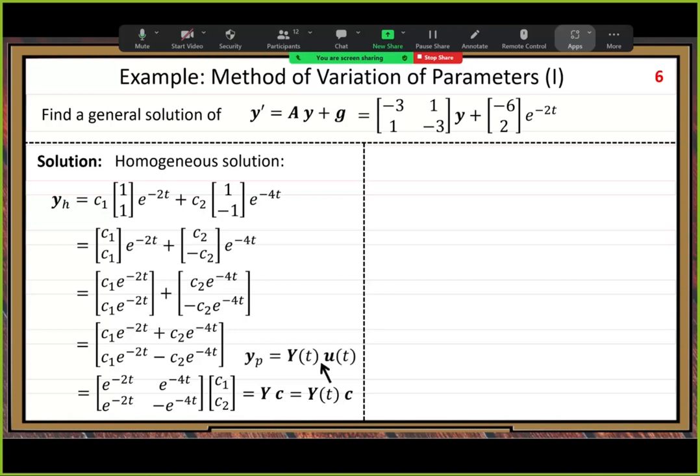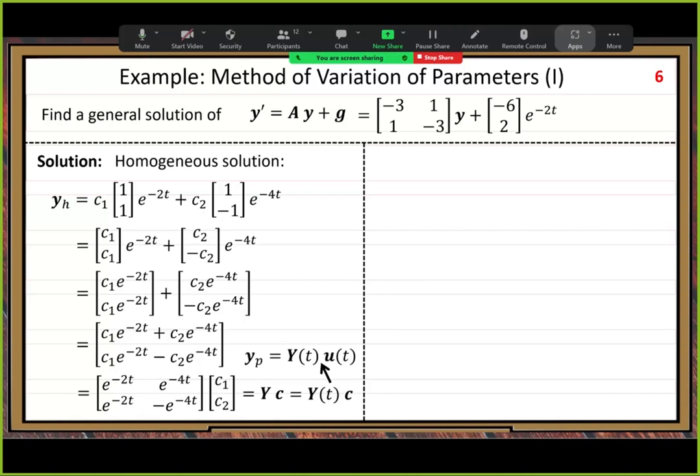Now we make the change. Yp equals the matrix Y of t times the vector U of t. So the U vector should contain variable t. So it's a function vector. U1, U2, they're both functions of t. That's the change we make. Because this change is significant, we have a chance to get the Yp solution.